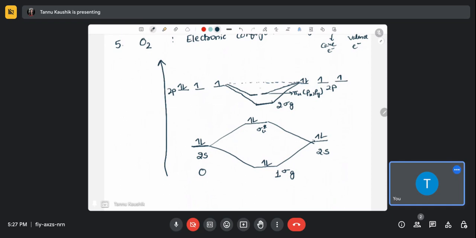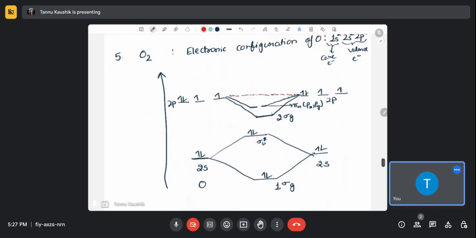So if we have molecular orbitals below this, then those are bonding molecular orbitals, and above it we have anti-bonding molecular orbitals formed by overlap of 2pz atomic orbitals and 2px, 2py orbitals.